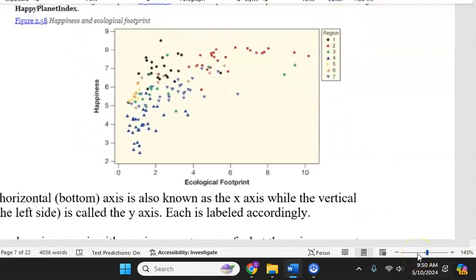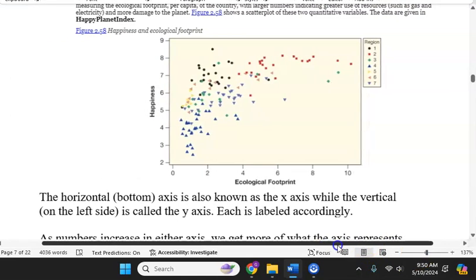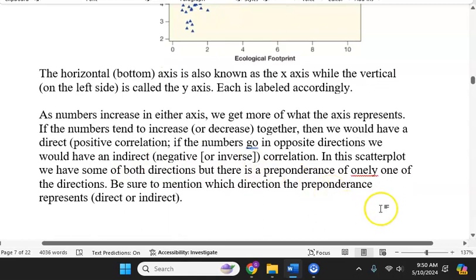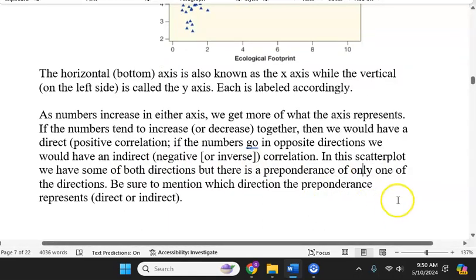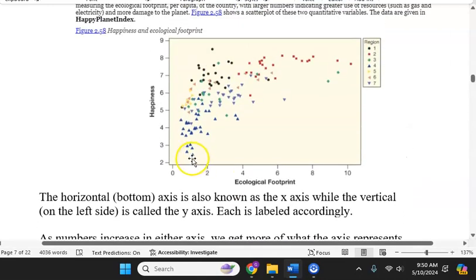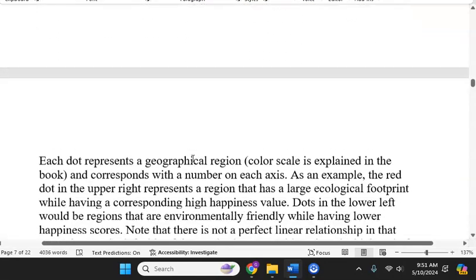And this is from my module announcement, describing what correlation is about. Got a little typo there. I'll correct that before I post this announcement. So mention the direction and estimate the correlation coefficient. You don't have to do any calculation.